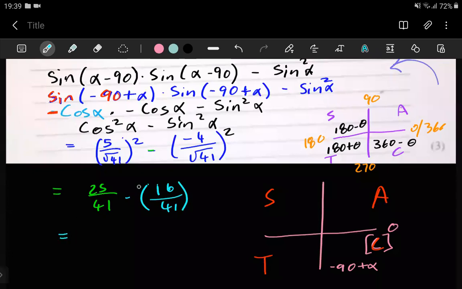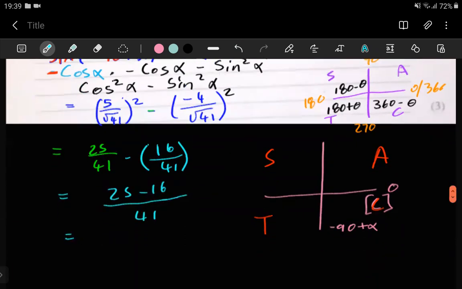And now you don't even need a calculator for this, because there's no negative. This is just going to be 16, and the bottom part is going to be 41. And then here 25 minus 16 is 9. So that's 9 over 41. There you go. That's the way.